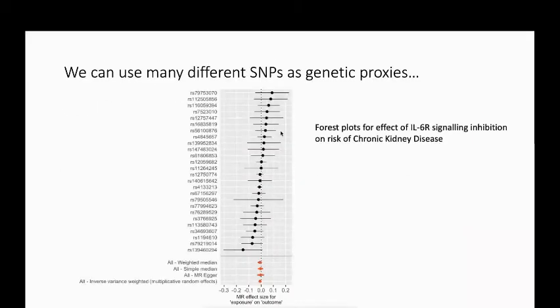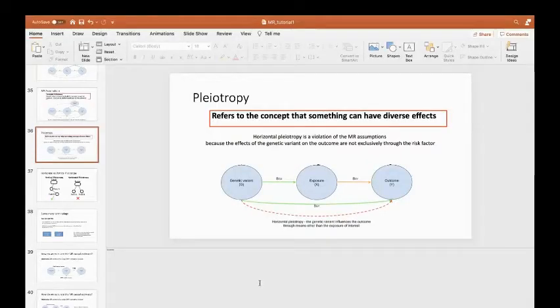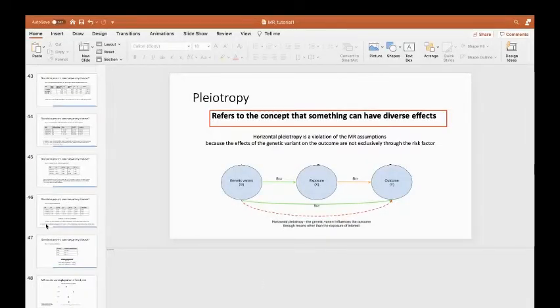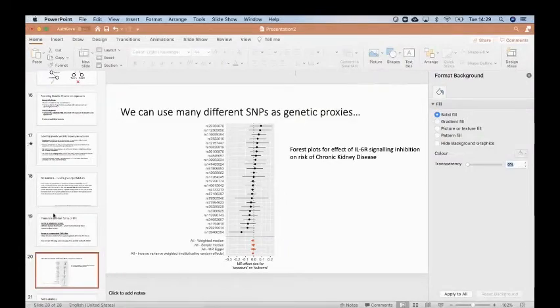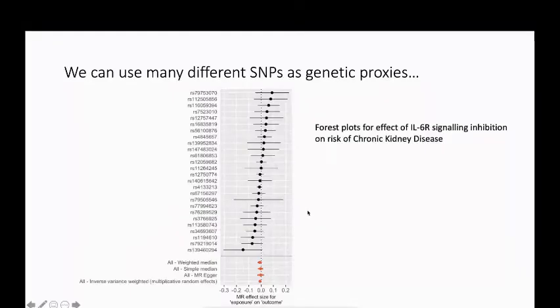We can see that here in the forest plot for the IL-6 paper. If we look at the last value in red, the inverse variance weighted, we can see that it's taking into account all of these different SNPs, and actually the confidence interval is negligible.